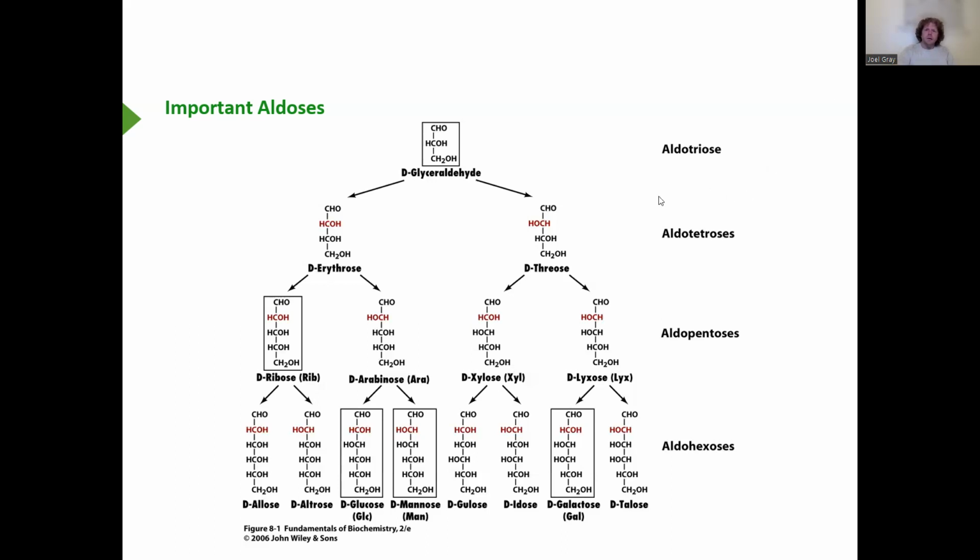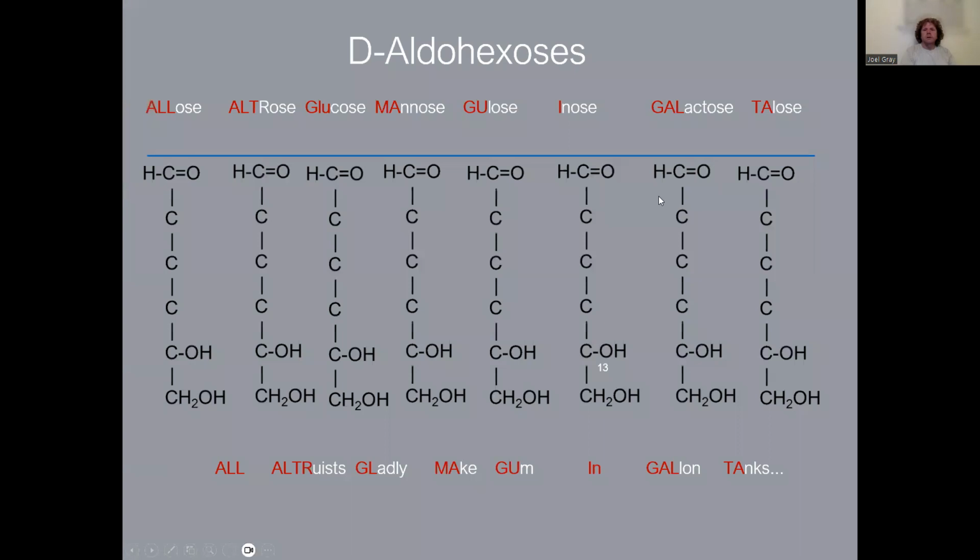Okay, now with that, here are all of the other aldohexoses: allose, altrose, glucose, mannose, gulose, idose, galactose, and talose. And a mnemonic: all altruists gladly make gum in gallon tanks.